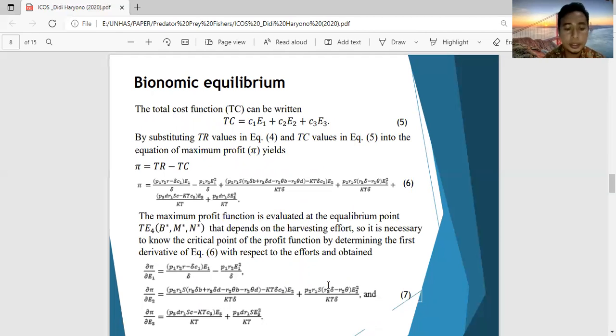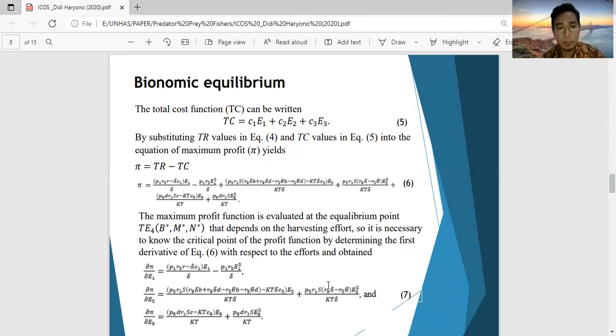For determining TC, we use the fifth equation, and then substitute TR in equation 4 and TC in equation 5 into the equation of maximum profit, the sixth equation.